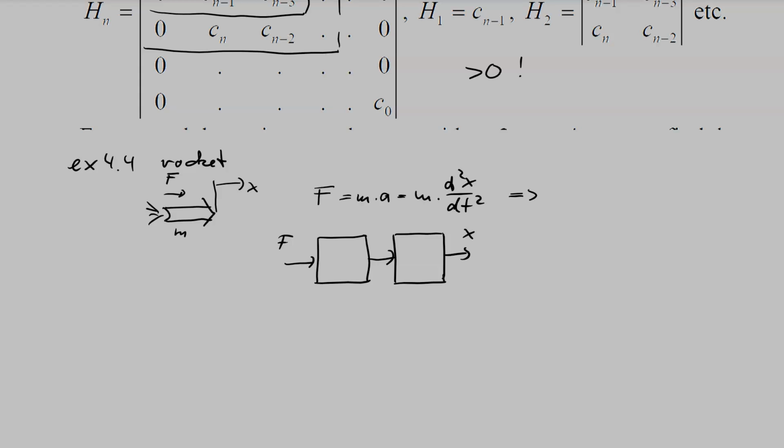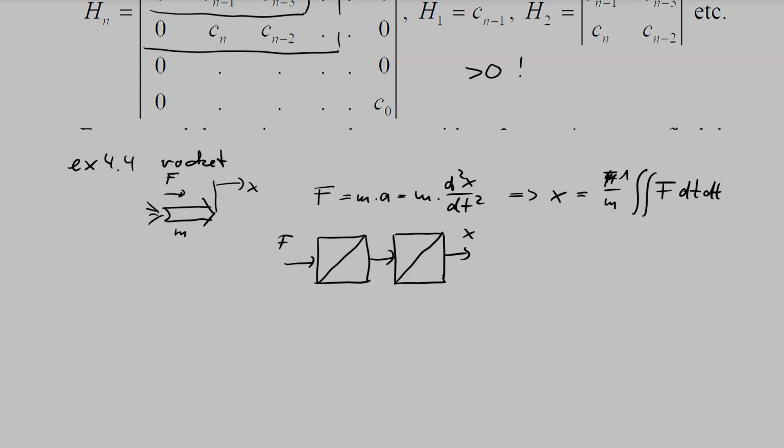So make 2 times integration of this equation, which gives x is the double integral of f divided by m, where f is a dynamic variable, f dt dt. So this is a double integrating process.